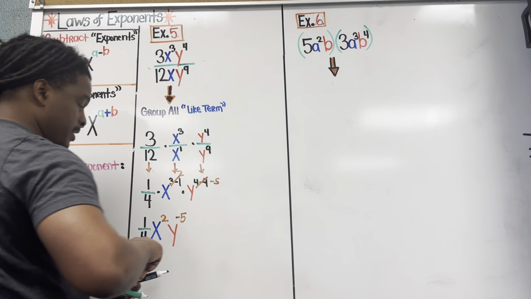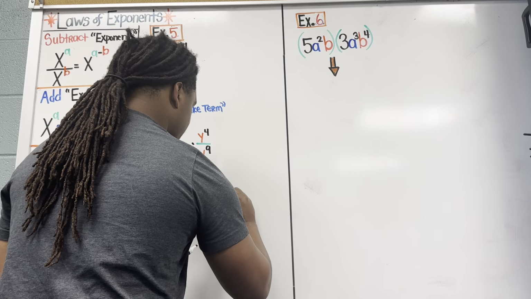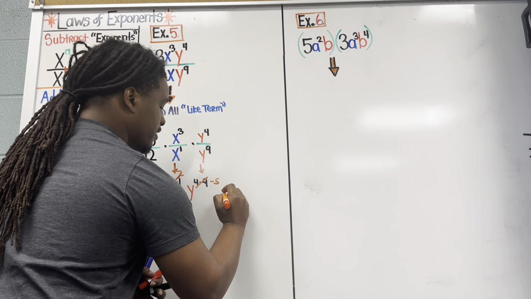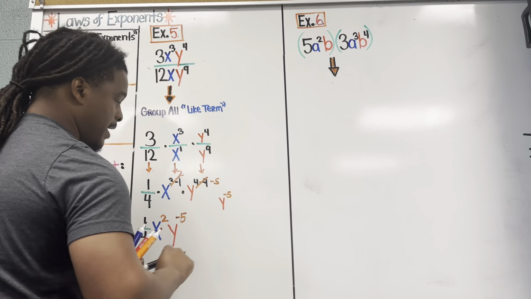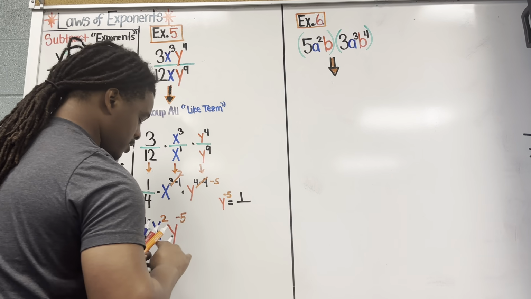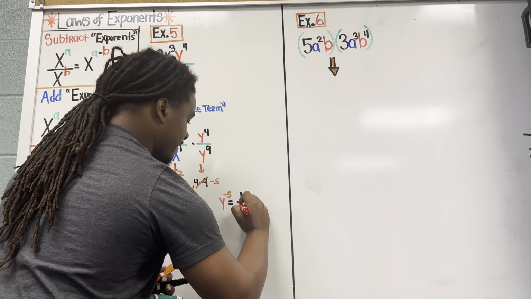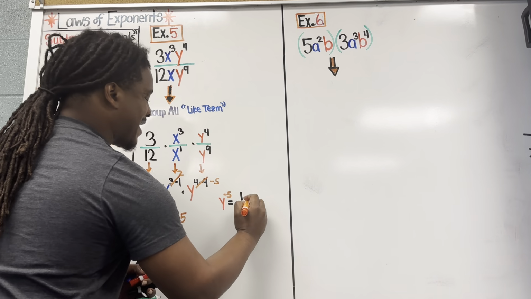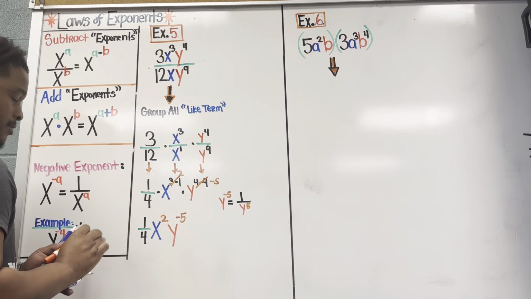So once again, y to the negative fifth power would equal 1 over y to the positive fifth power, okay?